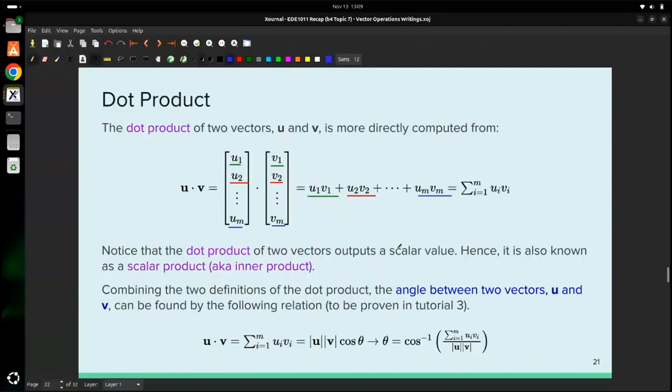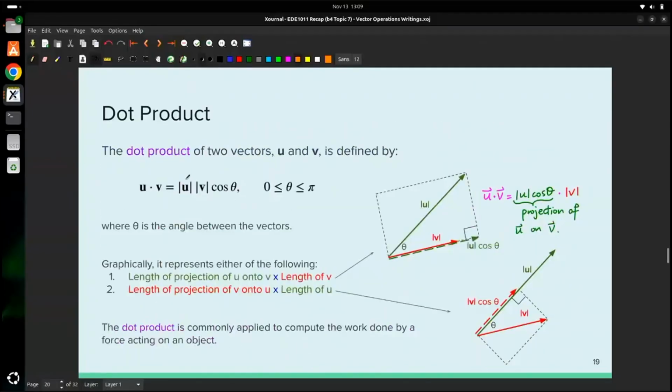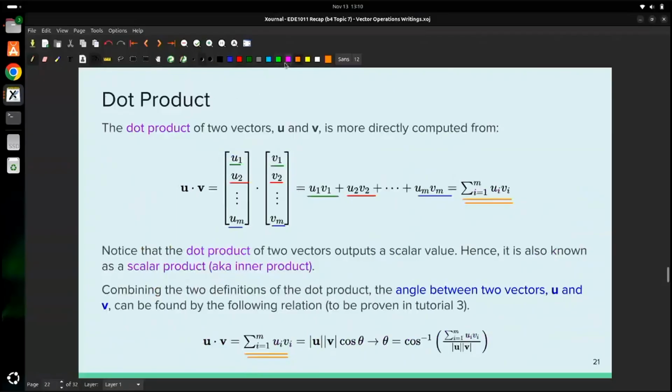If you combine the two definitions of the dot product, one which is the sum here, which is one expression, and the other which looks at the projection of one vector onto the other vector, and you link up the two expressions, then you can isolate theta.